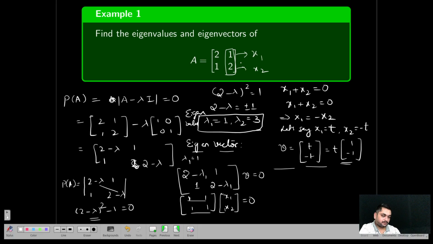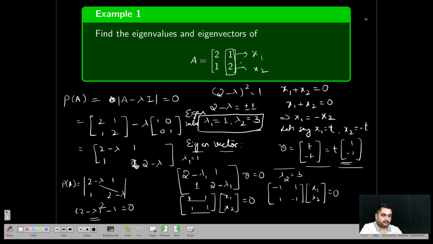Similarly, if I take lambda 2 equal to 3, what will this matrix be? 2 minus 3 is minus 1, and then you will get 1, 1, minus 1, into x1, x2, is equal to 0. Now, what are the possible equations?